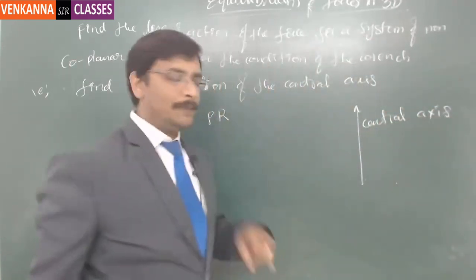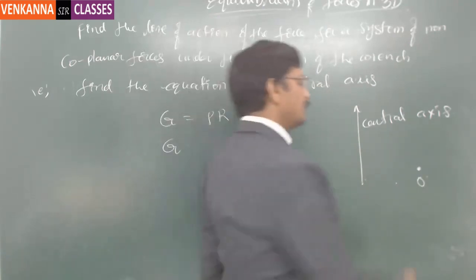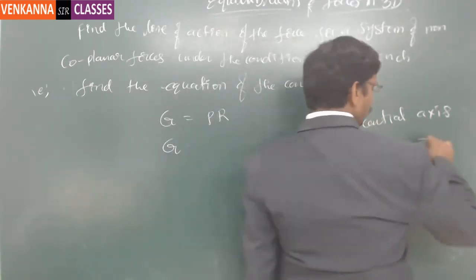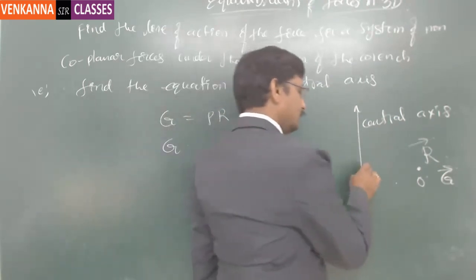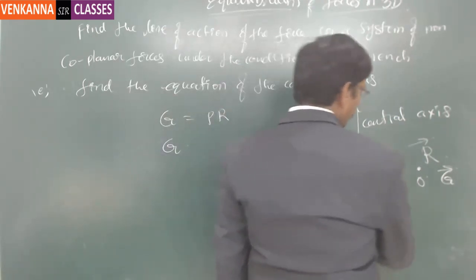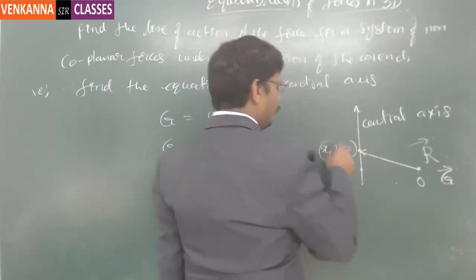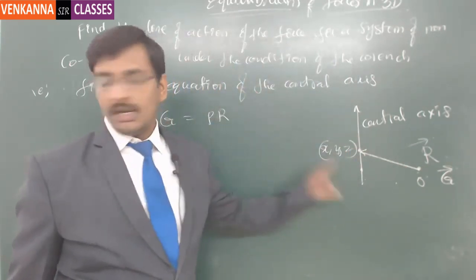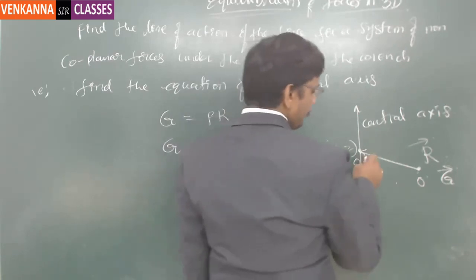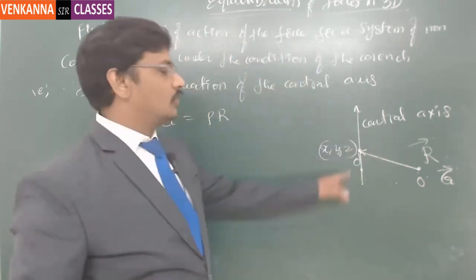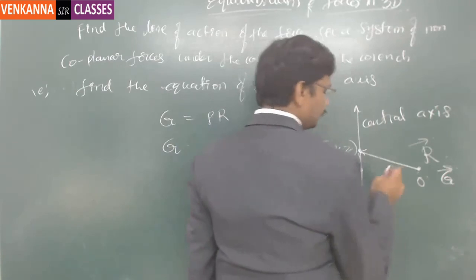If you take the base point outside the central axis, let us say this is O, then it results in a system of force of magnitude R and a moment G. Now, if you take the base point on the central axis, at a location x, y, z from the origin, this is going to be O dash, with the resulting force R dash and the resulting moment G dash.